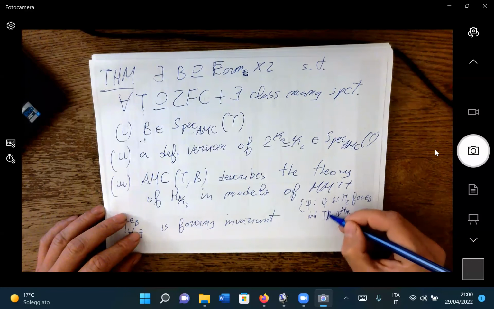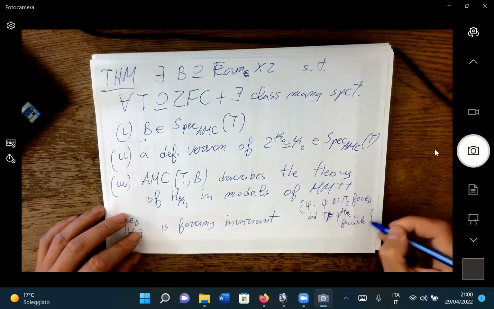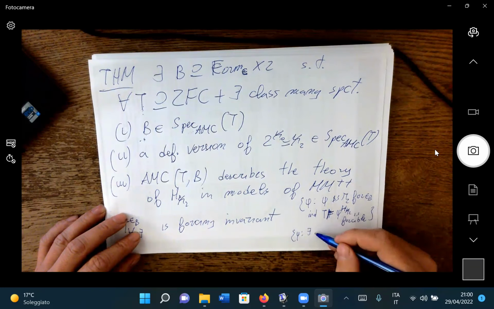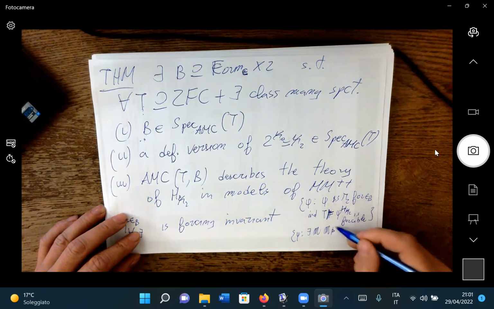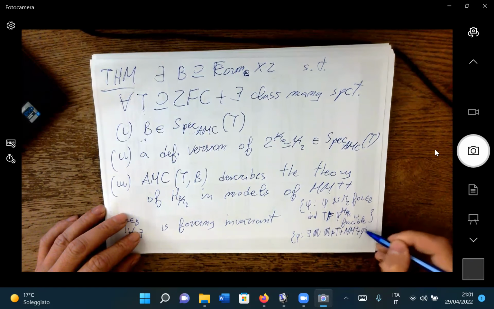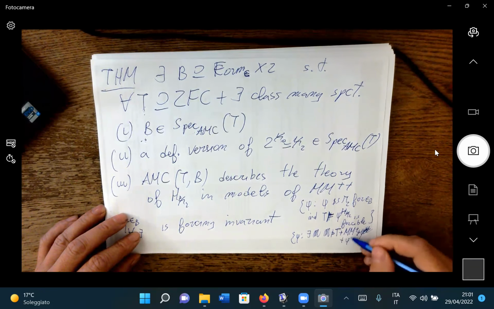Sorry, T models that. So this is one possible description, but you can have another, which is C such that there exists M, such that M models T plus MM++ plus C relativized to H aleph 2.